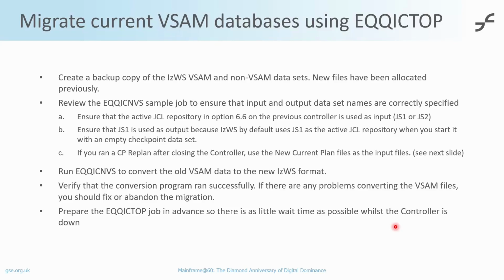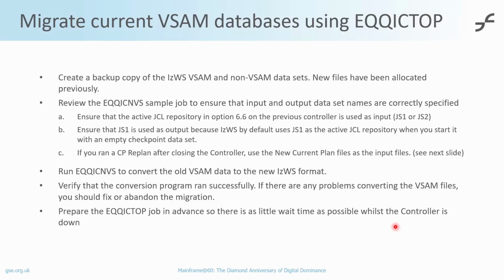Then after you prepare your jobs, you can run it, and this will convert the old VSAM datasets into the new IzWS format. Then verify that the conversion program ran successfully. Only return code 0 is okay for this job. So if anything went wrong with this job, you should fix it or stop the migration process.